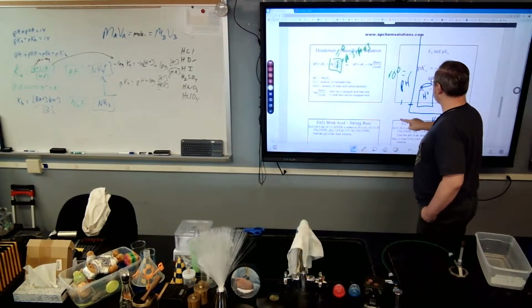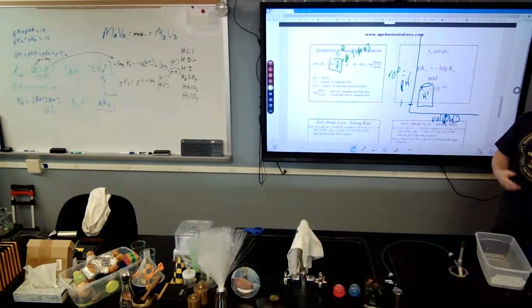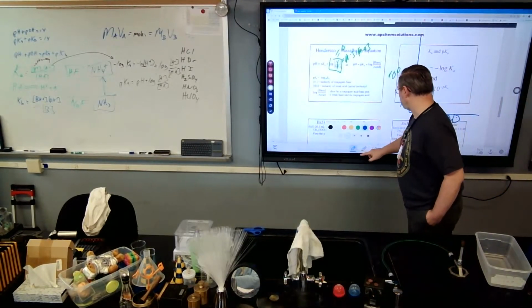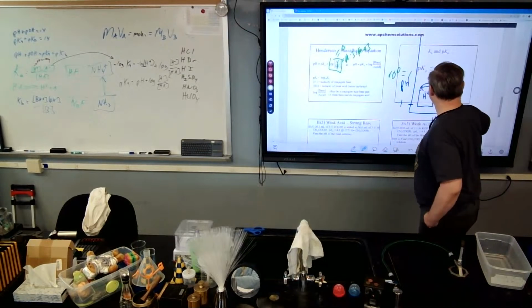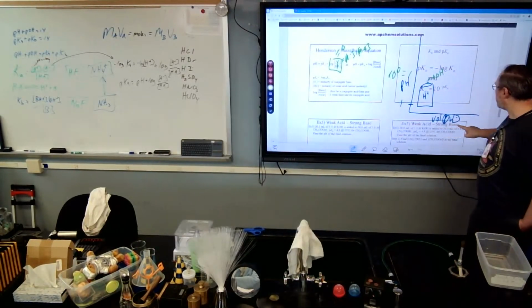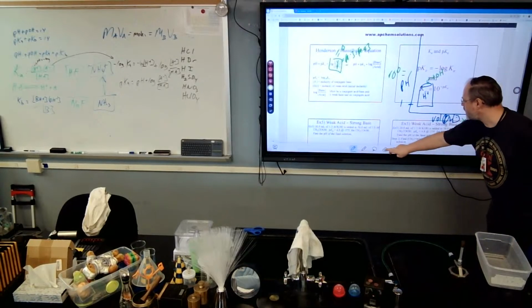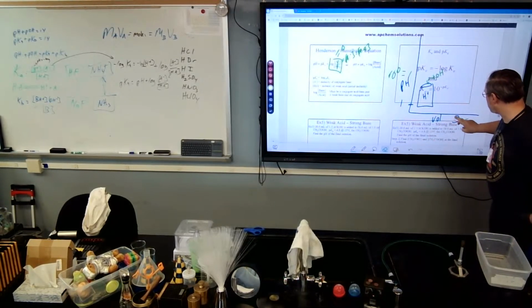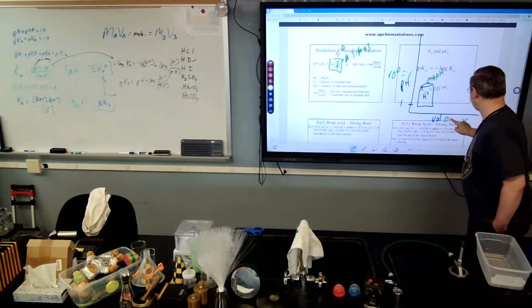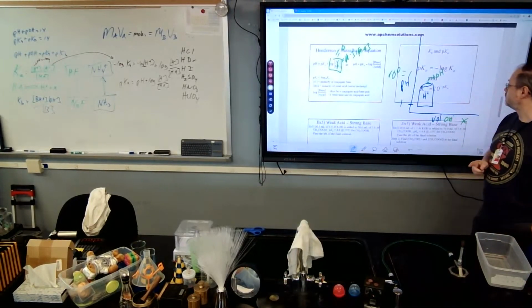And maybe you start with a pH of 1. And then you're going to add to it some base. There's going to be some hydroxide that you're going to add to it. And the x-axis is going to be how much hydroxide you add, the volume of OH minus.